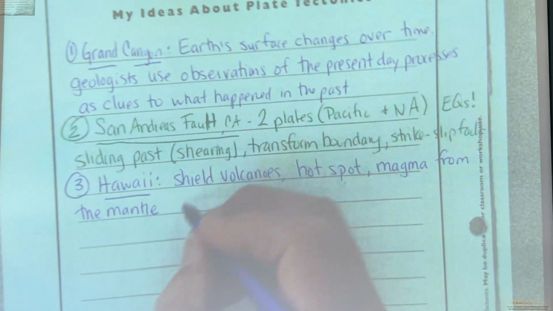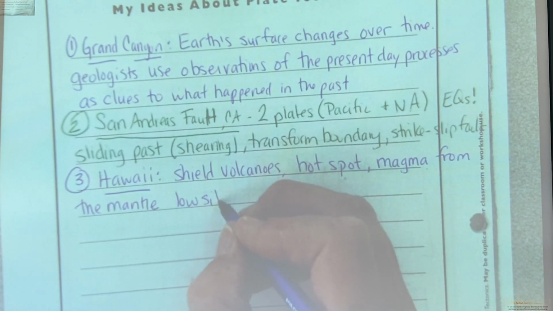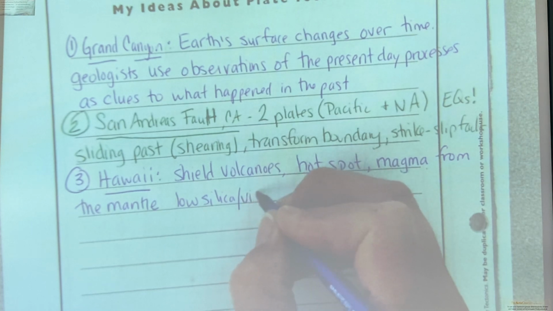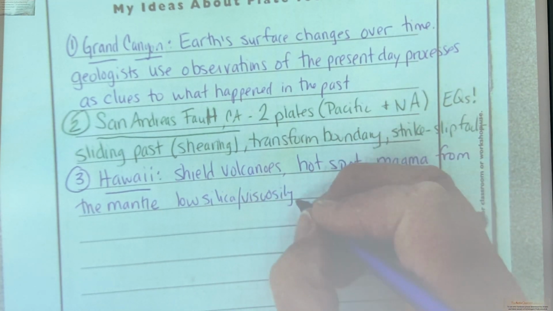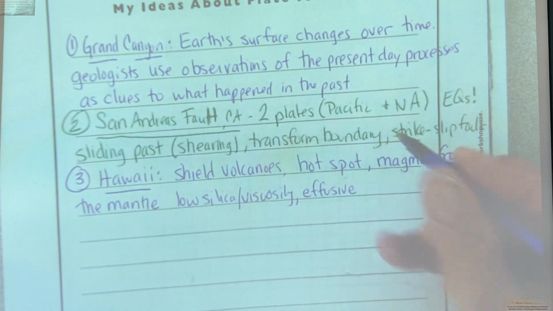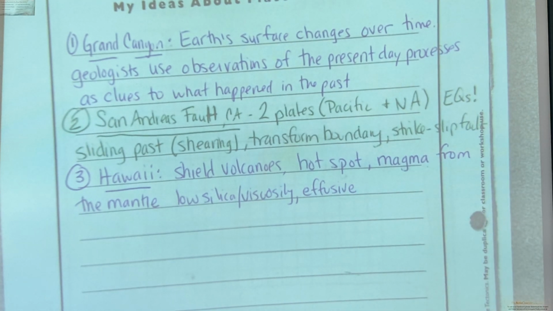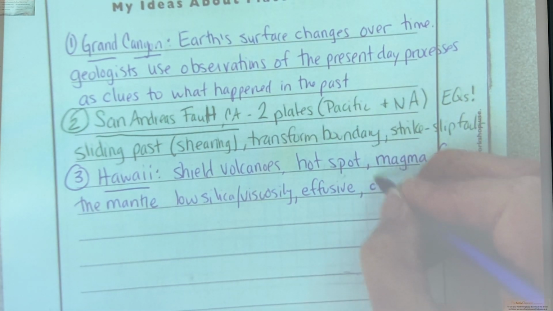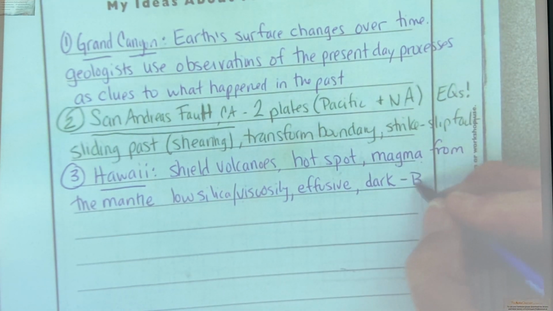It is low silica, so low quartz. Low viscosity. It is effusive. And if you remember, effusive means non-explosive eruption because it's such hot magma, it's completely melted down. And we're going to have dark rock because we have that low silica, low viscosity, which is going to give us basalt.